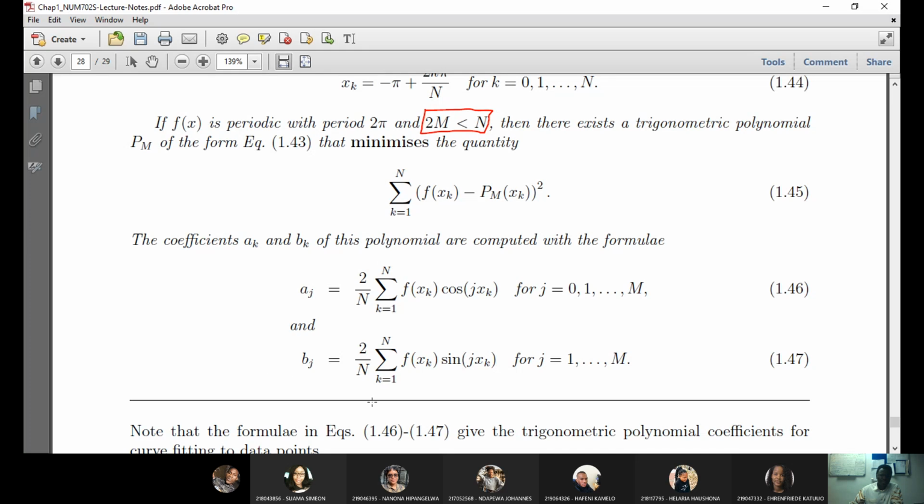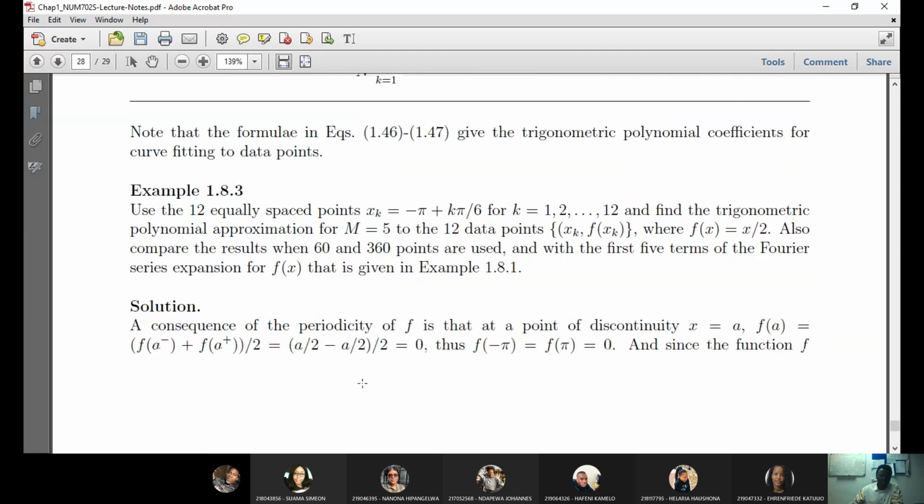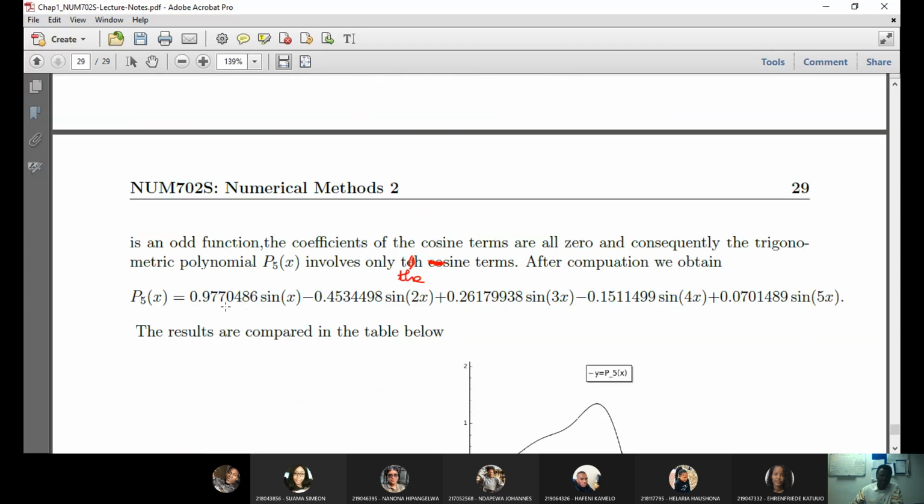If you compute these BKs, you compute all these BKs, you get these coefficients. So how many coefficients do we have here? 1, 2, 3, 4, 5 coefficients.